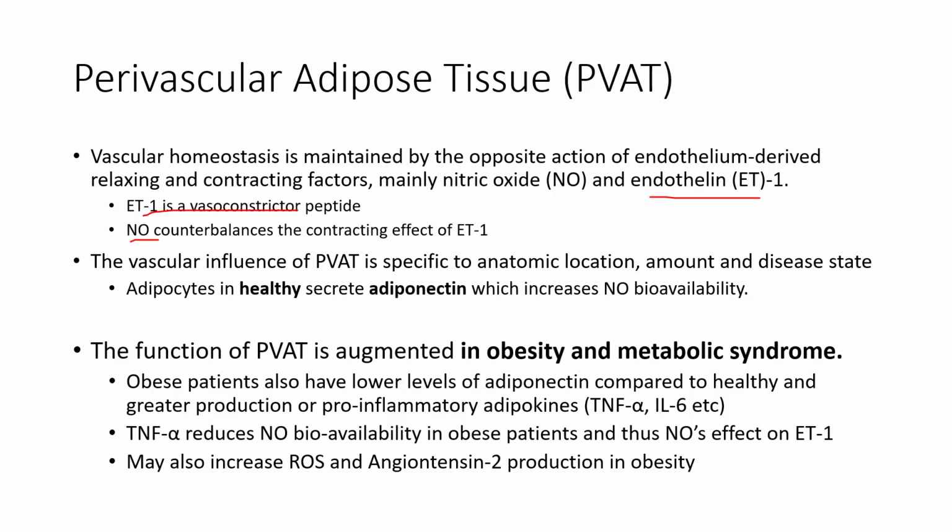And again, in obesity, we see changes. So again, in healthy conditions, we have healthy adipocytes. They secrete adiponectin, which actually increases the nitric oxide bioavailability. So in a normal situation, your adipose tissue is actually pretty important for maintaining normal bodily functions, increasing the bioavailability of nitric oxide. Now, when we are in a state of obesity, when the adipose tissues are hypertrophied, when they've got pathological changes to them, they're disturbed or impaired, we see changes in this balance.